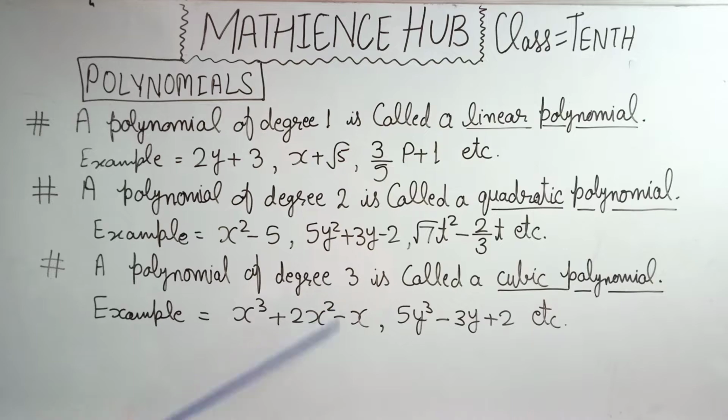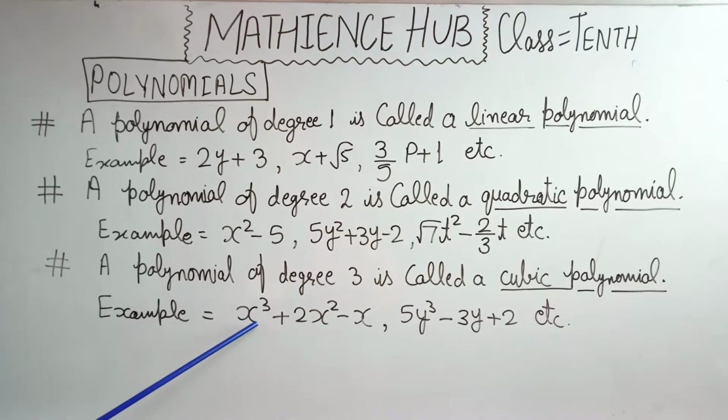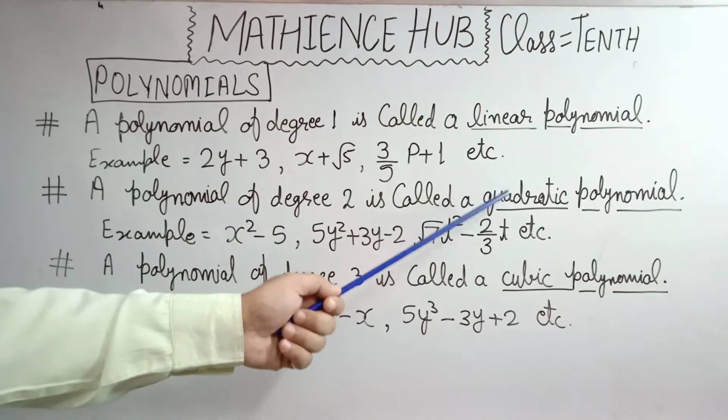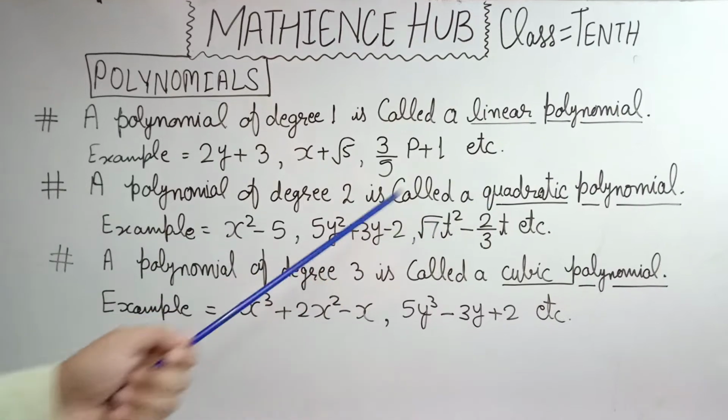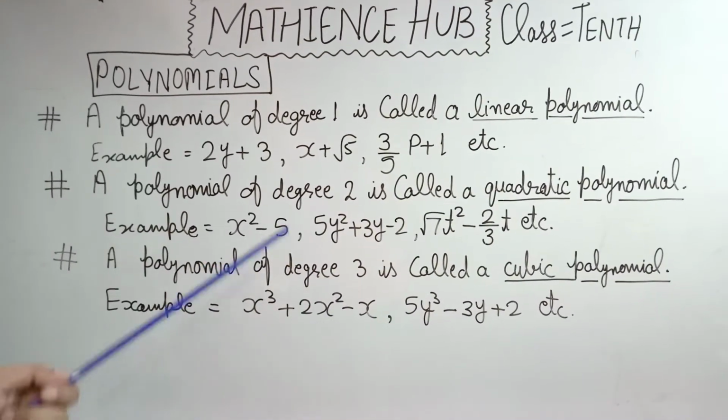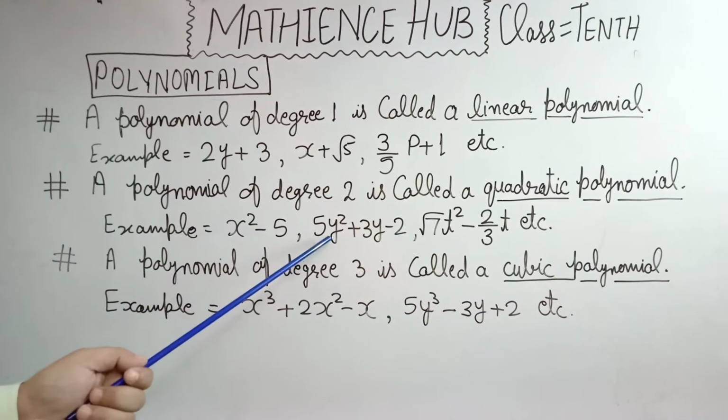In this video we learn how to find the zeros of a quadratic polynomial and the relationship between the zeros and the coefficients of the variables.